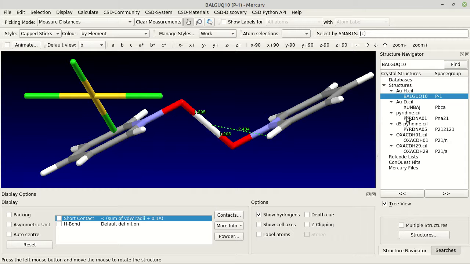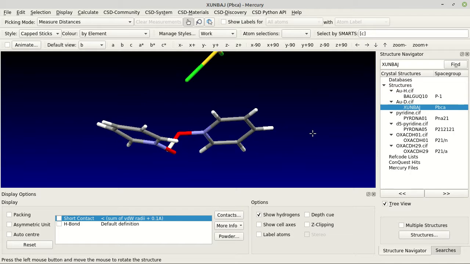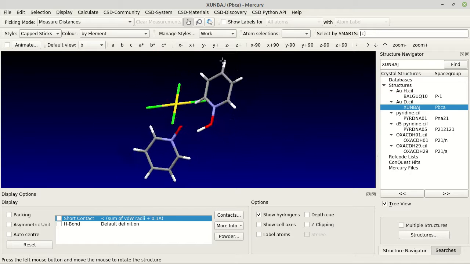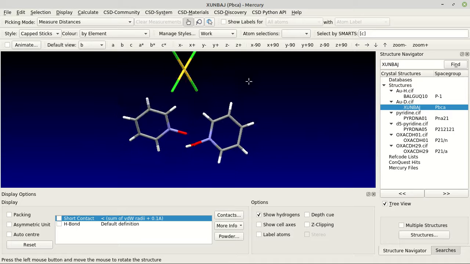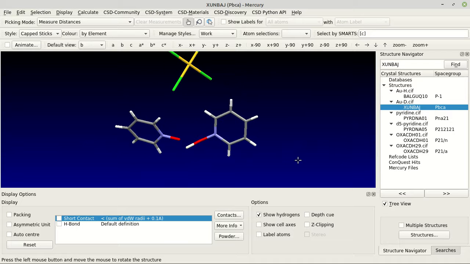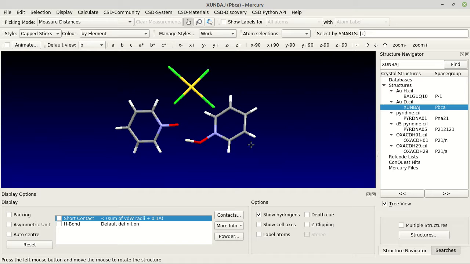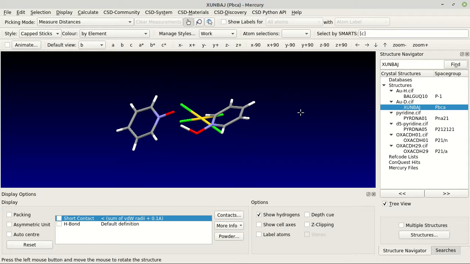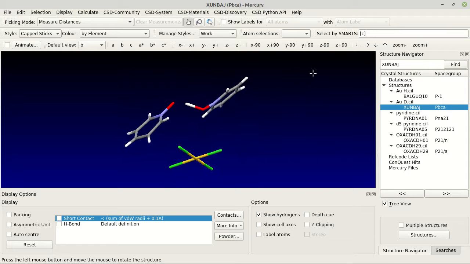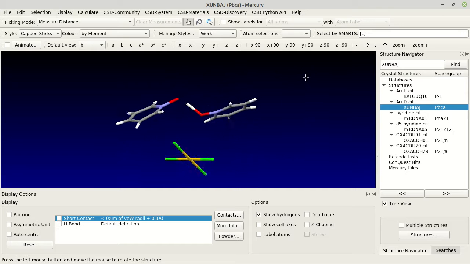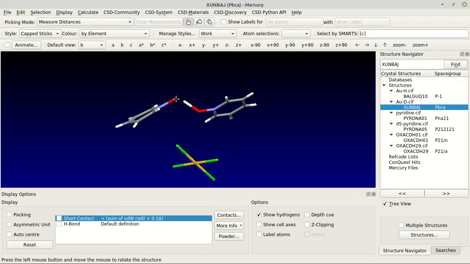Okay, what happens if you look now at the deuterated species? In this case, you see directly that Mercury doesn't draw a bond here, because it says the distance is too long. But anyway, what is much more interesting is the symmetry, which is not linear.